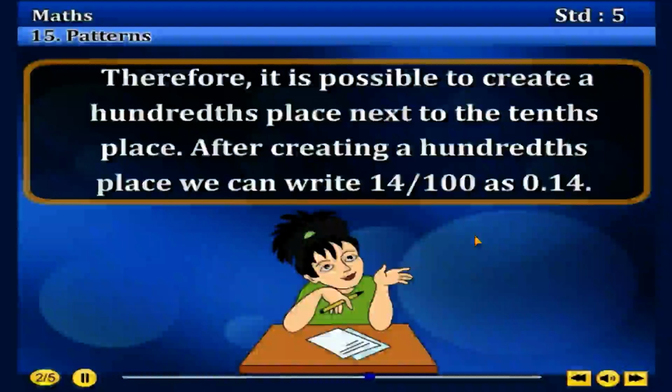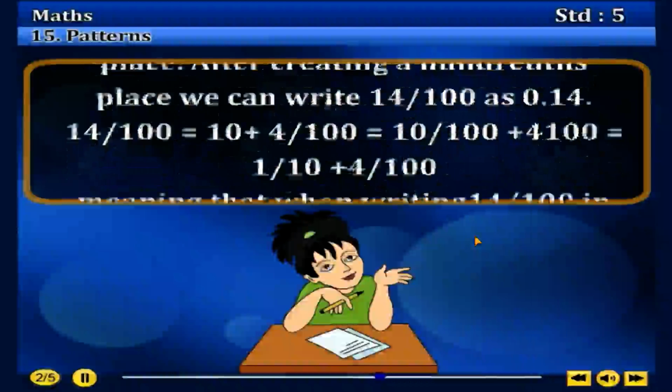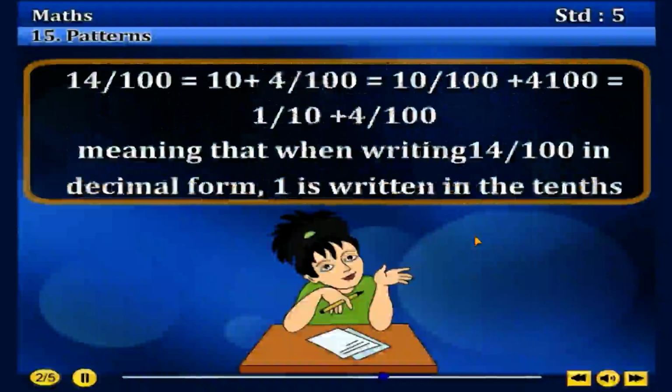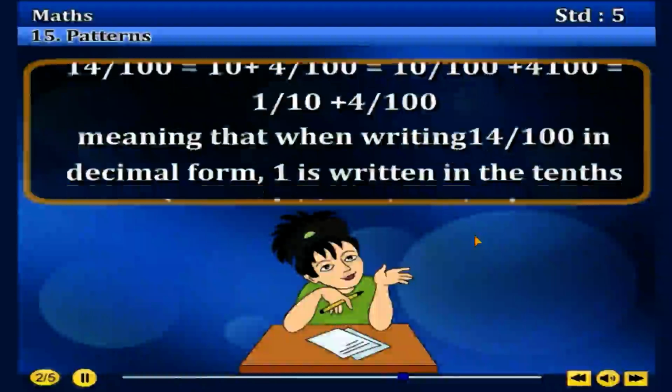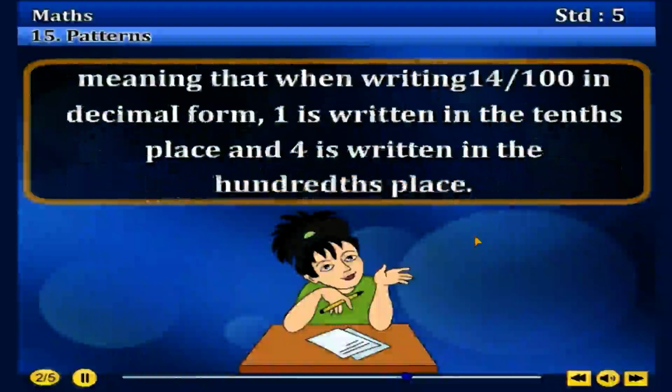After creating a 100th place, we can write 14 by 100 as 0.14. 14 by 100 equals 10 by 100 plus 4 by 100 equals 1 by 10 plus 4 by 100, meaning that when writing 14 by 100 in decimal form, 1 is written in the 10th place and 4 is written in the 100th place.